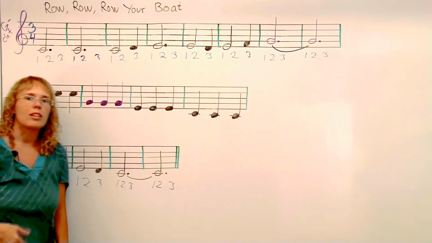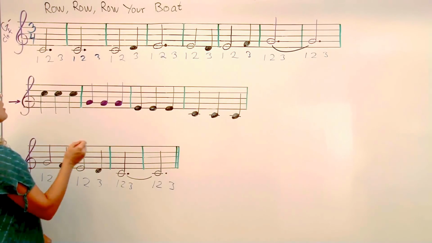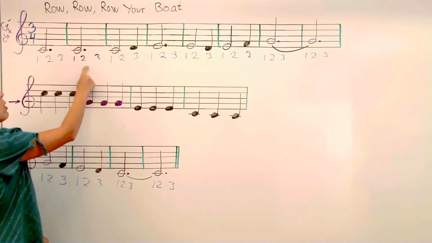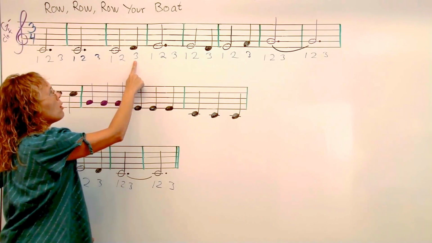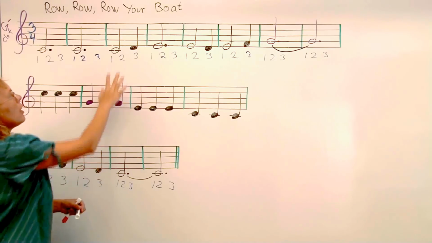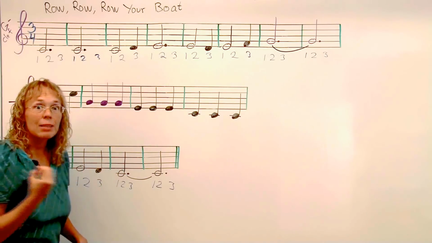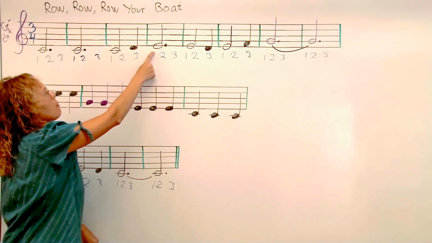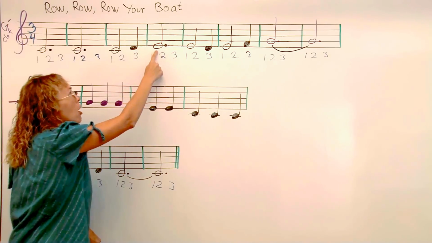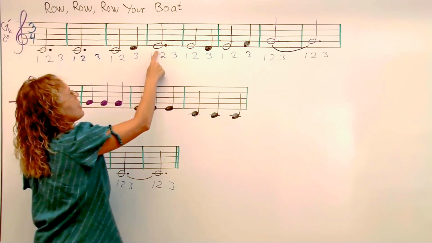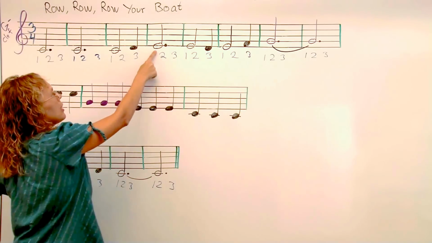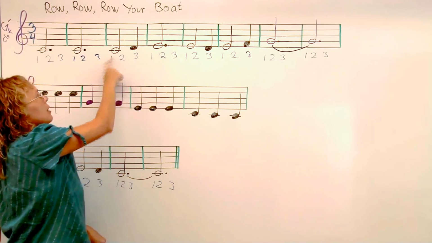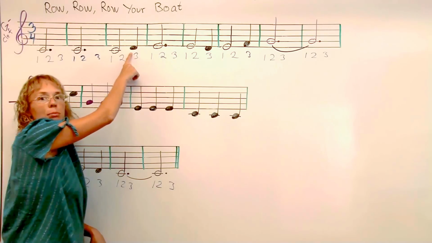Let's look at the notes a little bit more. We started out with C. Row, row, row your boat. Here it goes up just one step, from C to D, and then another step up, row your boat, to E. One step up to E. This E lives on a line, just like C lives on a line, and D lives in between.